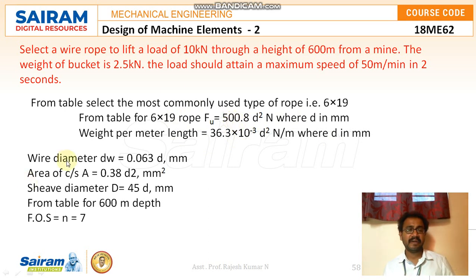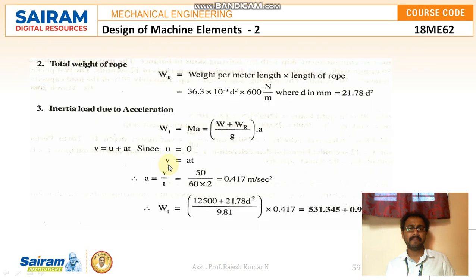Other data: the wire diameter dw equal to 0.063 d, area of cross section A equal to 0.38 d square, sheave diameter capital D equal to 45 d, and from the table factor of safety n is equal to 7. So starting with my assumption of 6 cross 19 as the wire rope, I have taken all these data from the table 19.7.